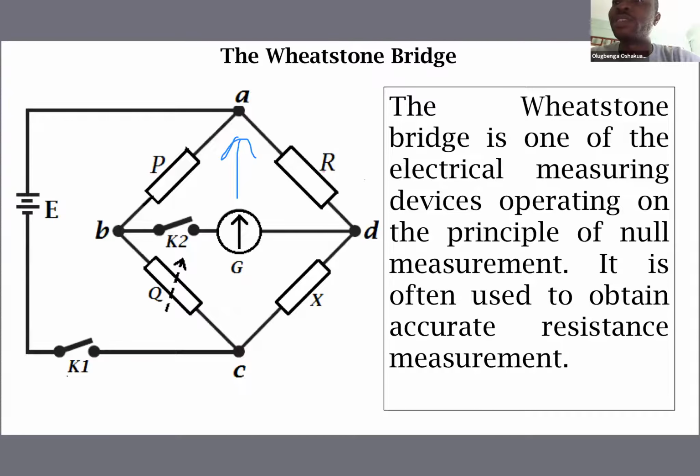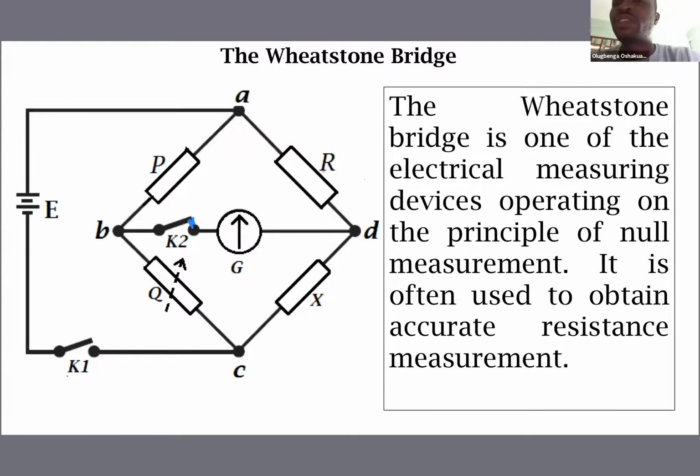Then I would ask, what are the conditions that make current flow? Current flows when there is a variation in potential. So when we close this key, so that this galvanometer will be able to measure the current flow from B to D, current will only flow if B and D are at different potentials.